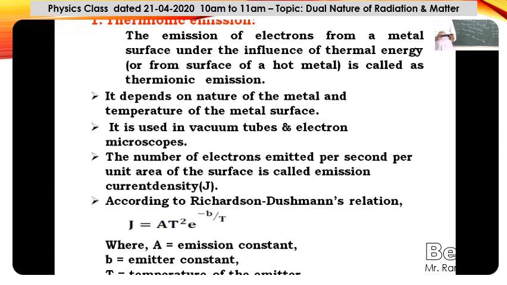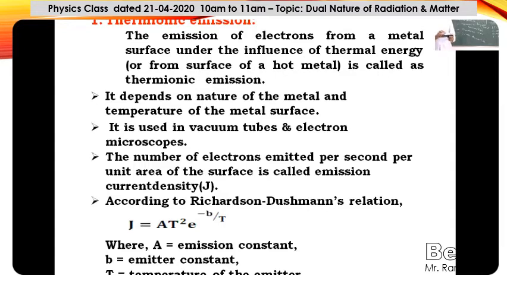In that, check the first method, thermionic emission. The emission of electrons from a metal surface under the influence of thermal energy, which is nothing but heat energy, is called thermionic emission.